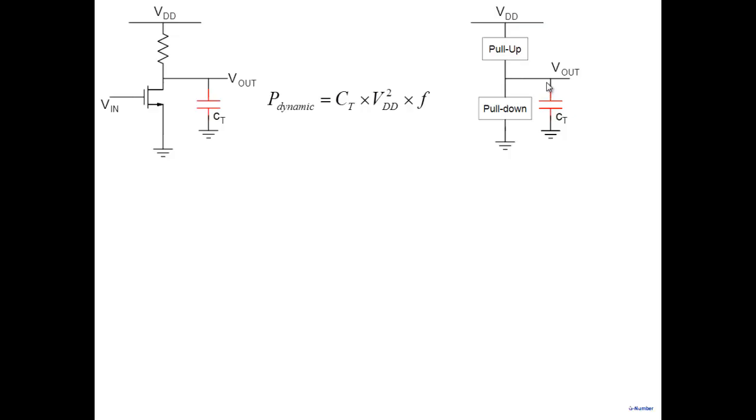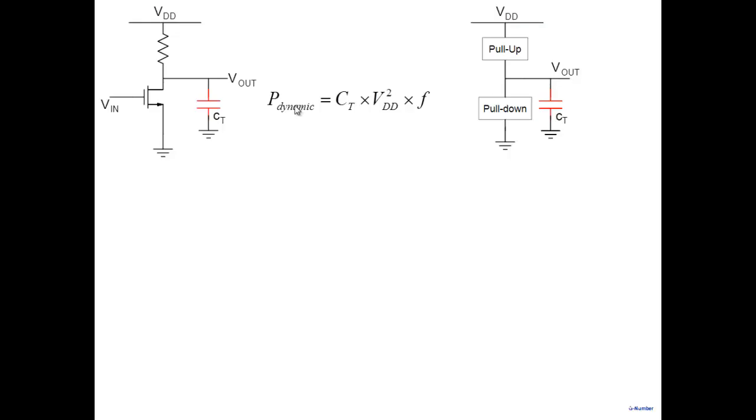So the idea is whenever you have to charge and discharge the capacitance, you waste energy, and the energy is given by this expression here. So it depends on the net value of the capacitance at that particular node. V_DD squared refers to the range of voltage over which you charge and discharge. In these cases, the voltage of the node goes from 0 to V_DD and V_DD to 0. So that's why V_DD squared is there, and frequency is of course here.